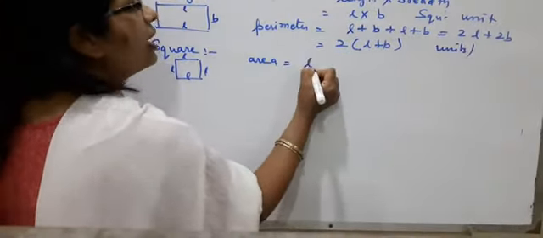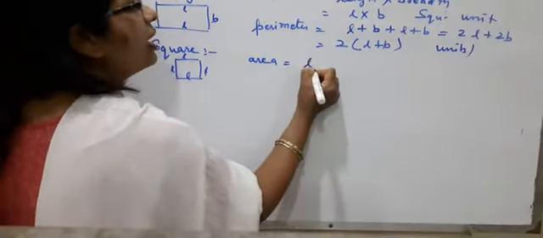Semicircle. Area of semicircle: pi r square is area of circle, then area of semicircle is half pi r square.